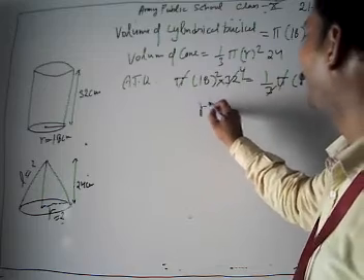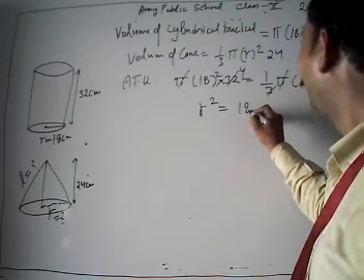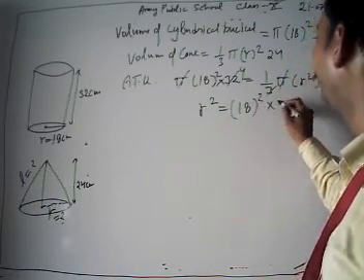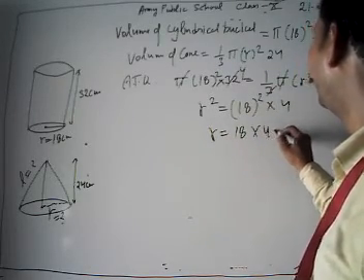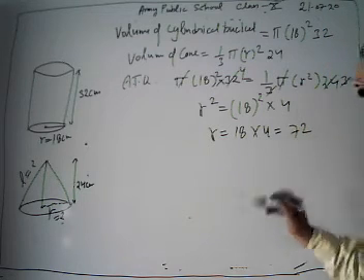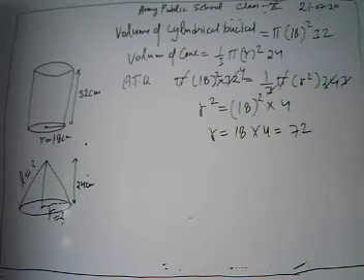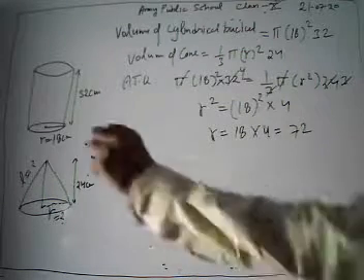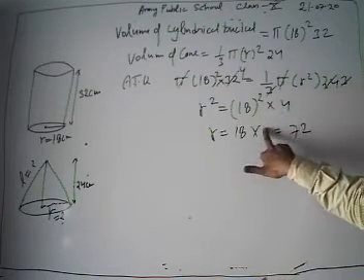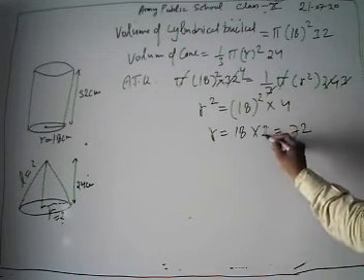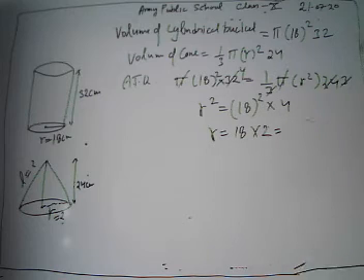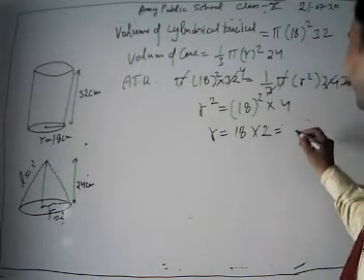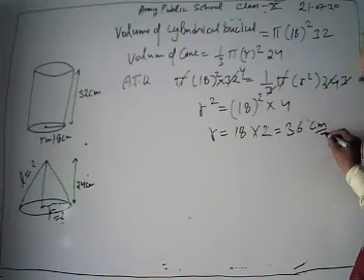Now r square is equal to 18 whole square into 4. Taking the square root, r is 18 into 2, which is 36. Now we get our radius, 36 centimeter.